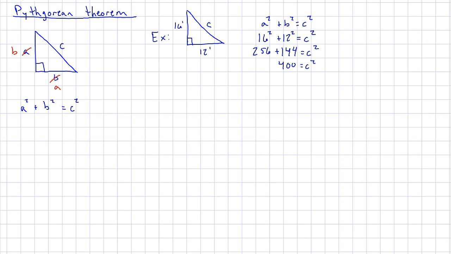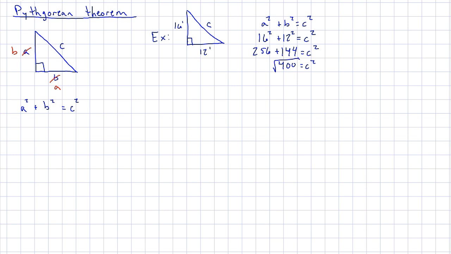Now, a common error that students make is they'll stop here and say that that's their answer, but it's not. That is equal to C squared. In order to solve, I have to take the square root of both sides. So I have to undo that square.